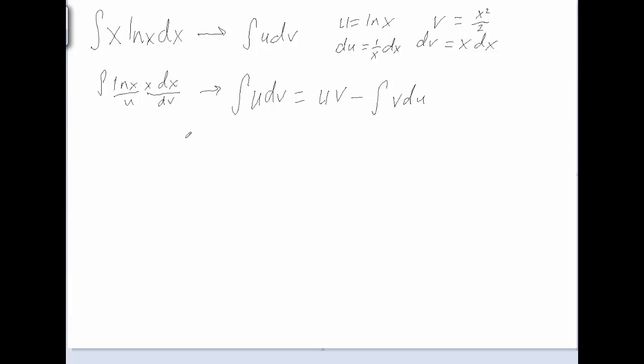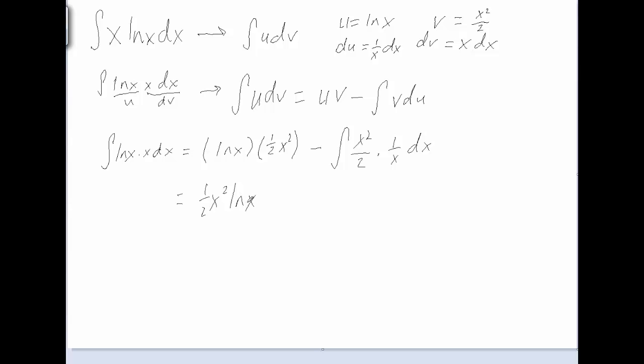And now we're off and running. The integral of u dv equals u times v minus the integral of v du. Simplifying things here, we've got 1/2 x squared ln x minus, canceling an x here and down there, we simply have the integral of 1/2 x dx.